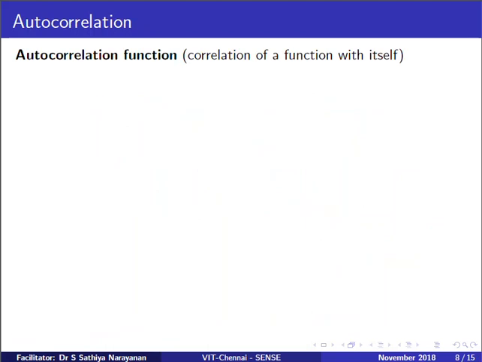Next we will move on to autocorrelation. The autocorrelation function is the correlation of a function or signal with itself. In the cross correlation we had x and y.